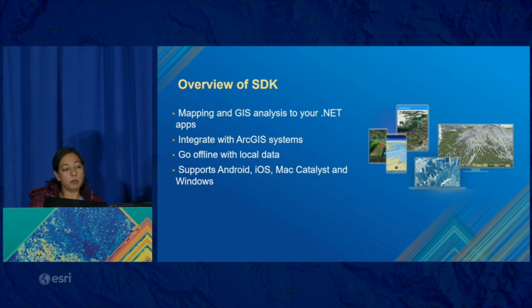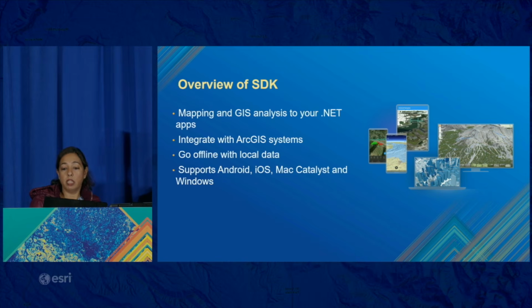So .NET Maps SDK, or native Maps SDK in general, provides powerful APIs to enable your apps with mapping and GIS capabilities. Using APIs, you can build applications that are connected to ArcGIS systems such as ArcGIS Online or Enterprise. And one of the key aspects of using native SDKs is that you can build applications that are enabled with offline workflows, which means you can use local maps and data.